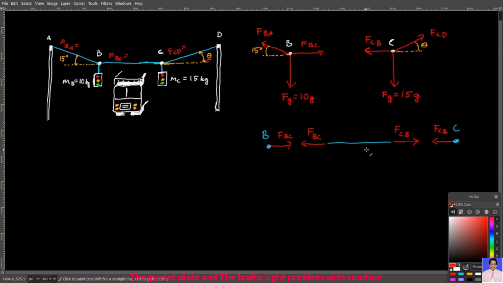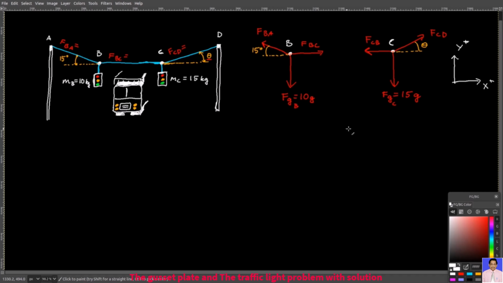Since this cable is not accelerating anywhere, it means that minus FBC plus FCB equals 0, because we assume that this is positive x and this is positive y. And therefore, FCB equals FBC. So essentially what you have here is Newton's third law, action-reaction.